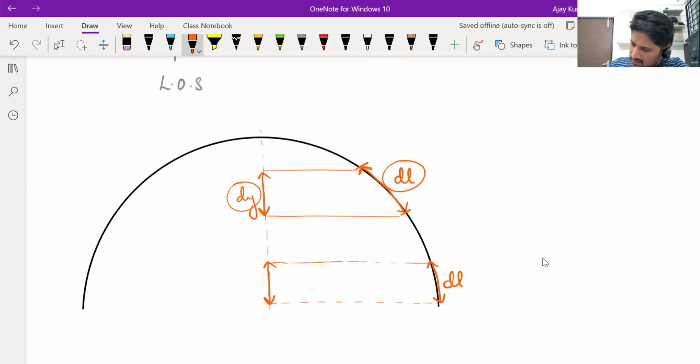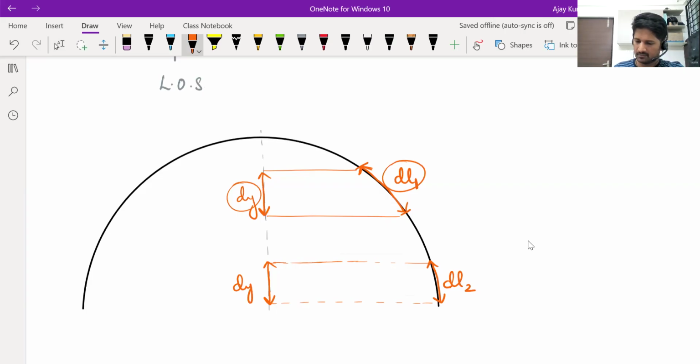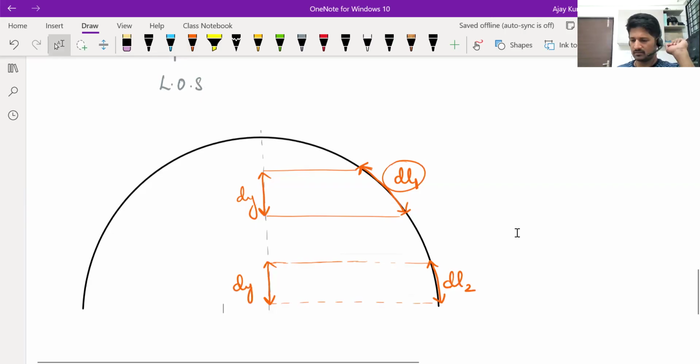Let me call it dl1 here and dl2 here. Which dl is longer, dl1 or dl2? dl1 is longer. Okay. So as you go up, the slant length for a particular vertical length will be more. Fine. So there's no definite relation between dy and dl for a curve like this. And it's difficult to establish a relation between them also.